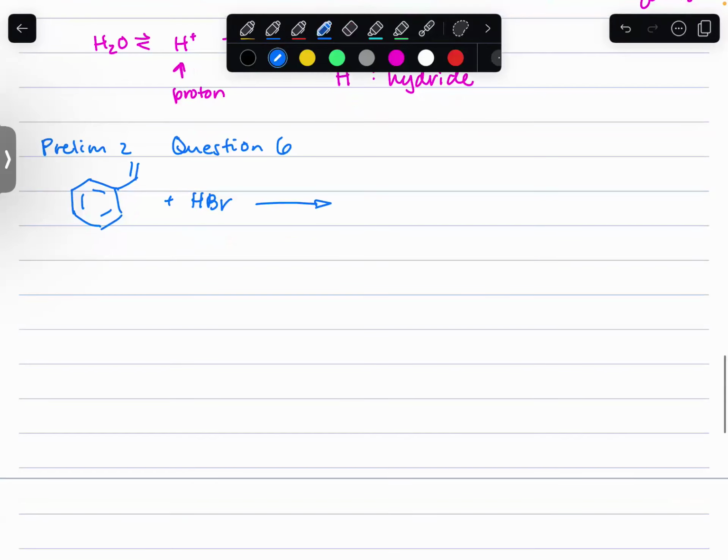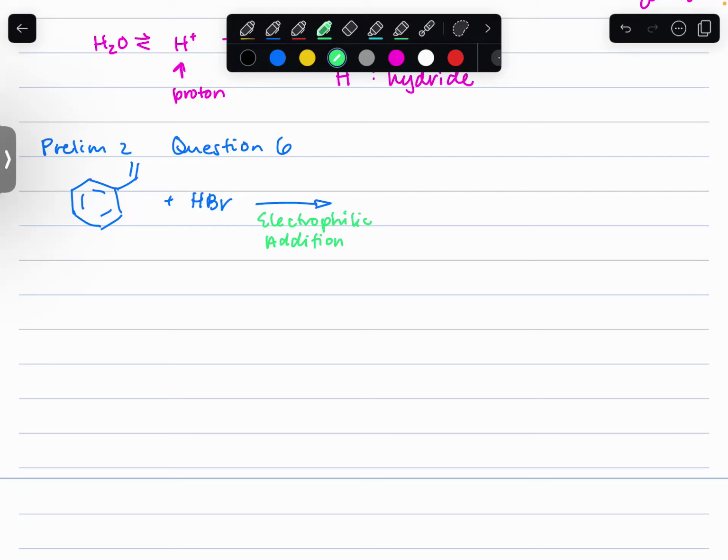So we know that this is going to be an electrophilic addition. What do we need to do an electrophilic addition? An electrophile. So we're going to need to make an electrophile. How do we do that?